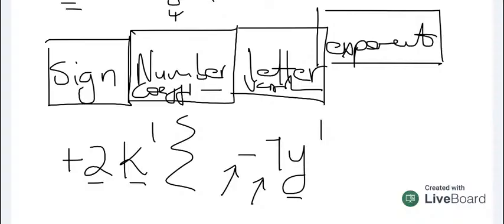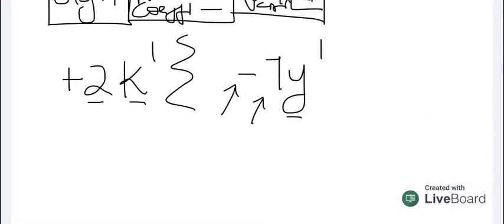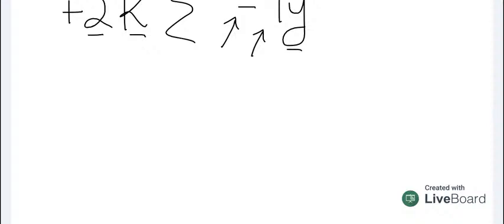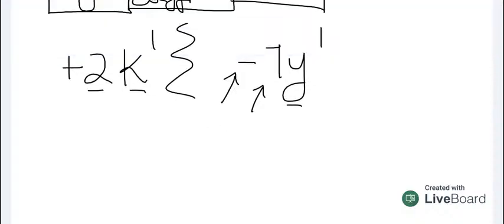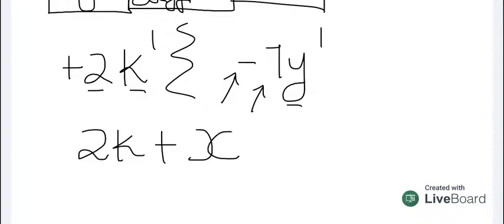It's not only those, there are more that I can give, but for now let me give multiple terms. Maybe let's say 2k plus x, then we minus 3p to the exponent of 2.